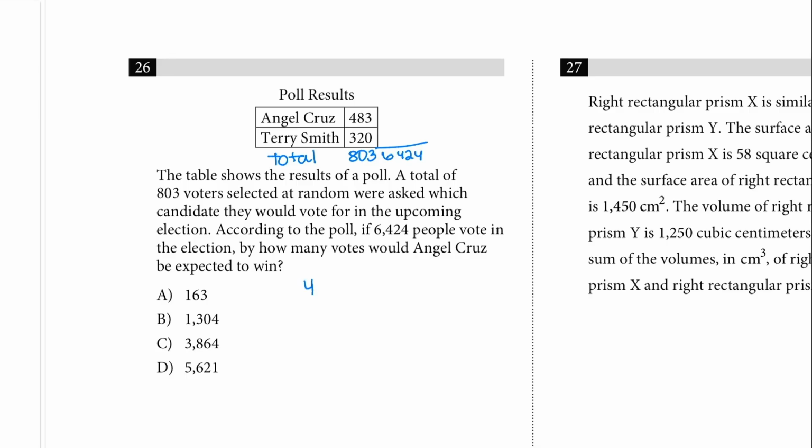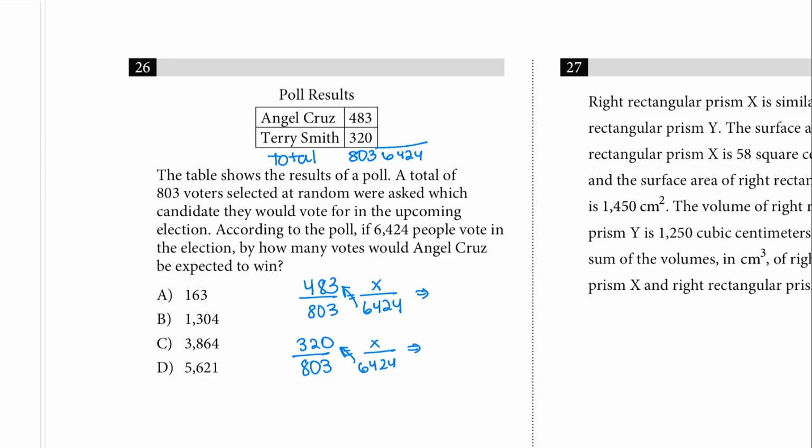So we have 483 over 803 equals x over 6424. And we're just going to multiply that over to get x. Let's go ahead and set up the second one too. 320 over 803 equals x over 6424, and we're just going to get that answer by multiplying over as well.